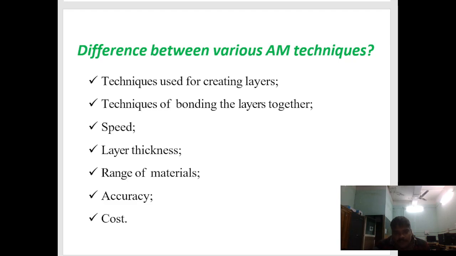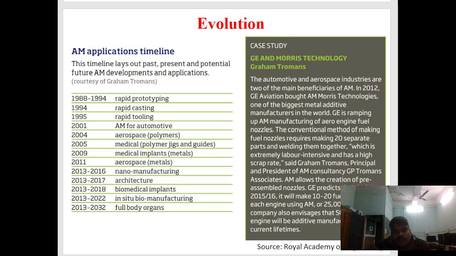So these are the parameters which decide which process you will use for doing the layer by layer deposition and solidification. What property you need? These are the things. You have to do lots of research on this area.